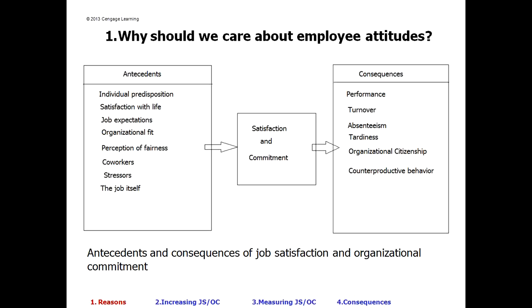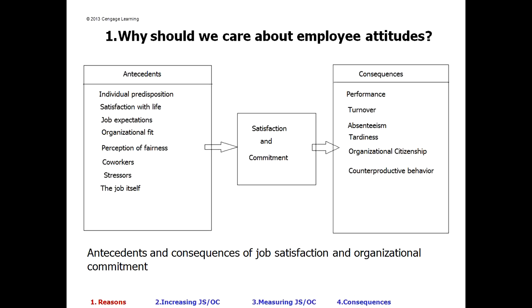As I told you when I started the class, there are some antecedents of satisfaction and commitment, and the consequences of those antecedents. For example, an individual predisposition, a person being predisposed to satisfaction and commitment, and the consequences, the performance.